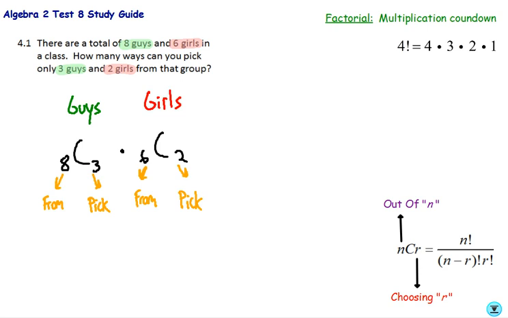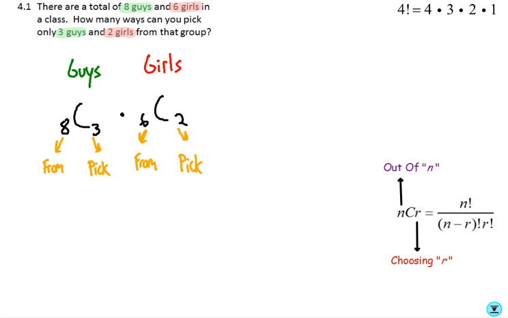So let me scroll down here a little bit, give us a little bit of room. The total always goes on top. So from 8, I'm going to pick 3. If I pick 3, that means there's 5 guys that don't get picked. And concerning the girls, there's 6 total.